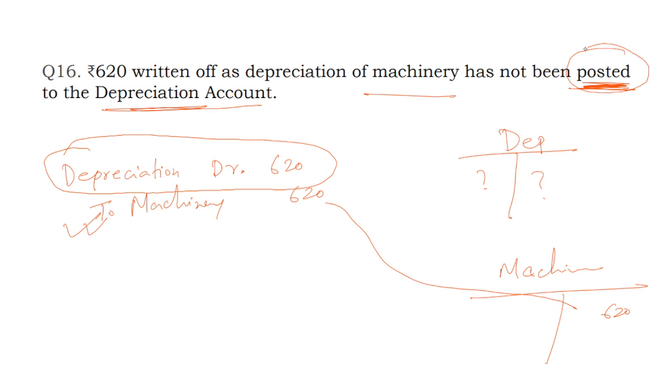See, we have already solved the rectification entries of 2018. The meaning we have to understand is that posting has not been done in respect of only depreciation. So what will be the correct entry? If it is not posted, our task is now to post into the depreciation account. So simply what entry will we make?